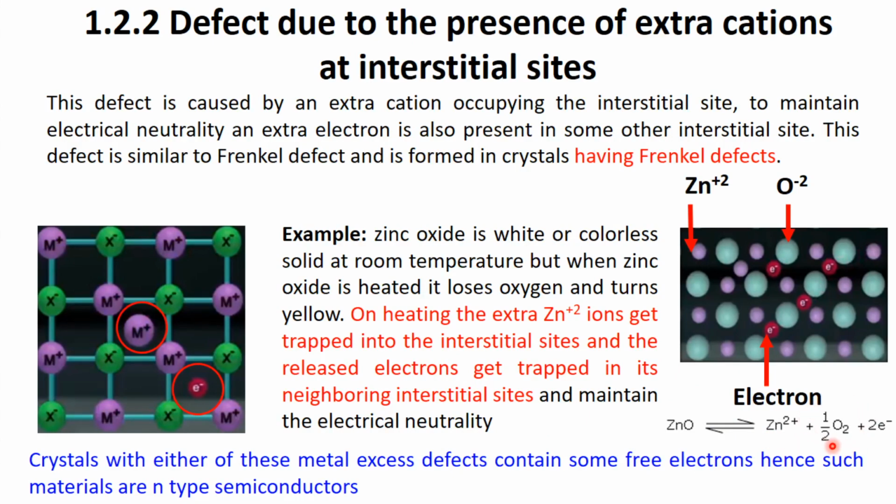Oxygen is released and zinc is still present. The stoichiometry is changed due to the release of the oxygen. Crystals with either of these metal excess defects contain some free electrons as shown in this figure. Hence, such materials are N-type semiconductors.